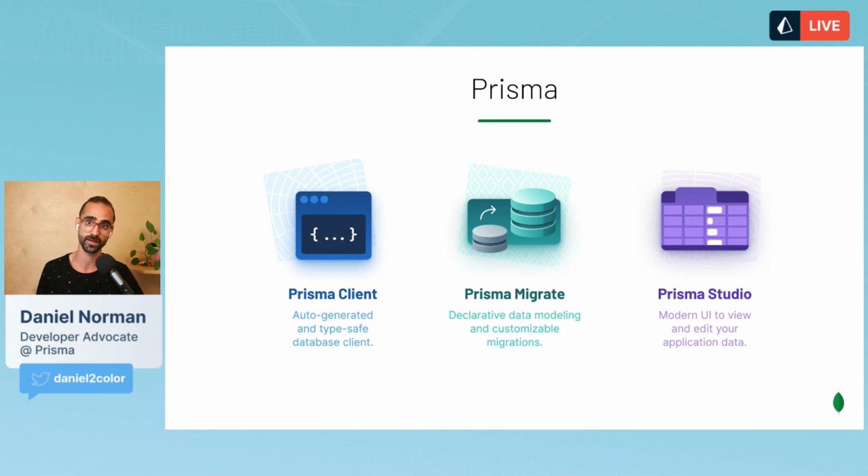You import that into your application, and then you can start interacting with your database: writing, reading, manipulating, and deleting data. The second one is Prisma Migrate, a declarative data modeling and customizable migrations tool. And finally, Prisma Studio, which is a modern GUI to view and edit your data.